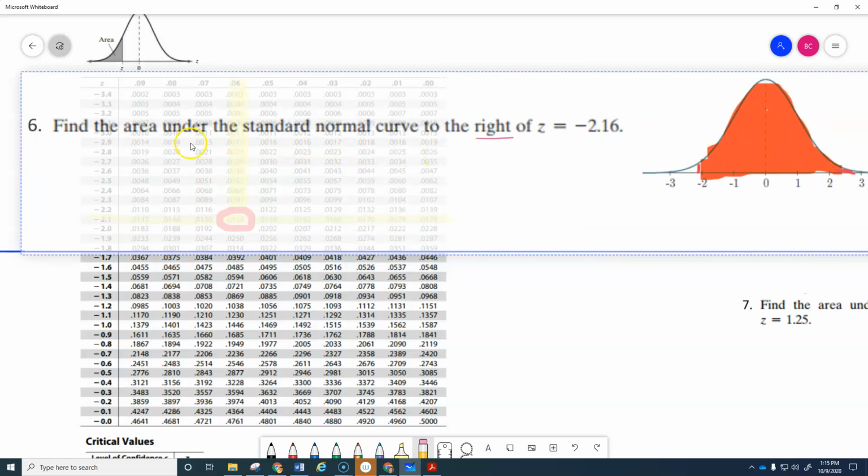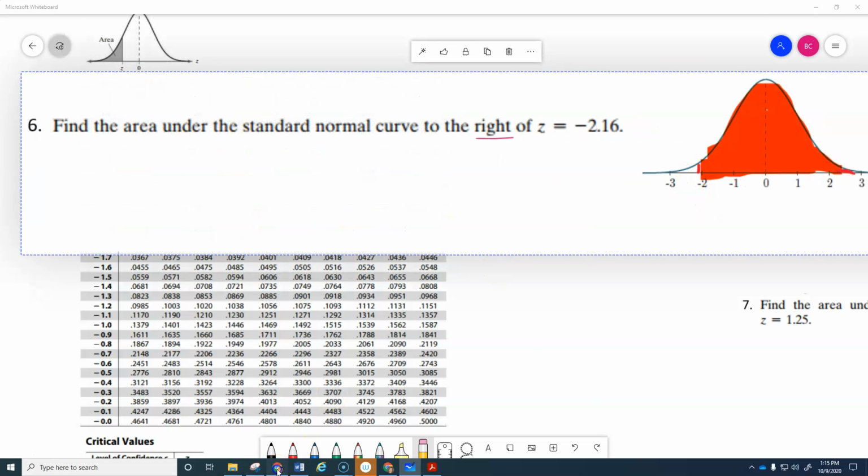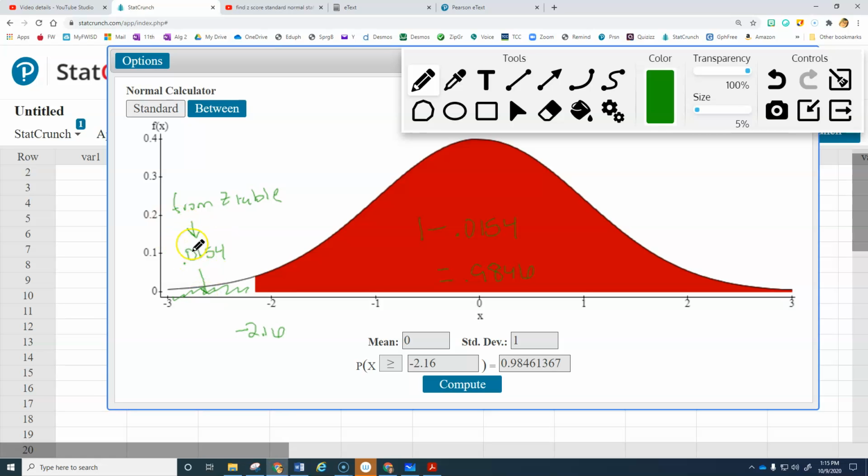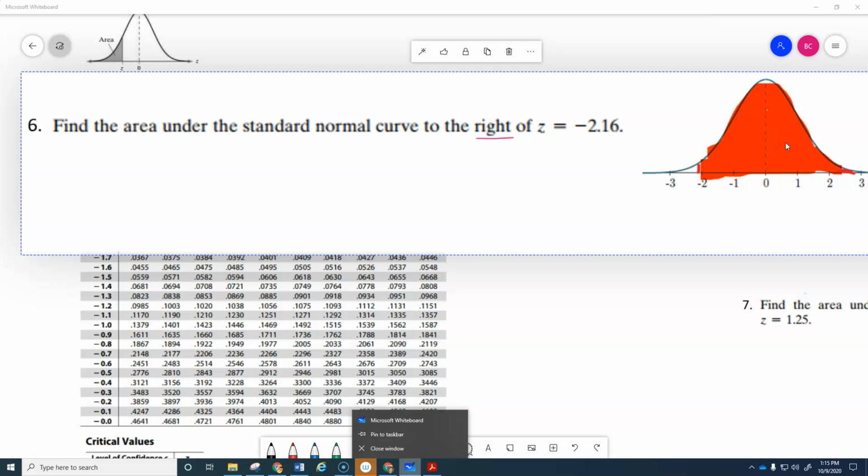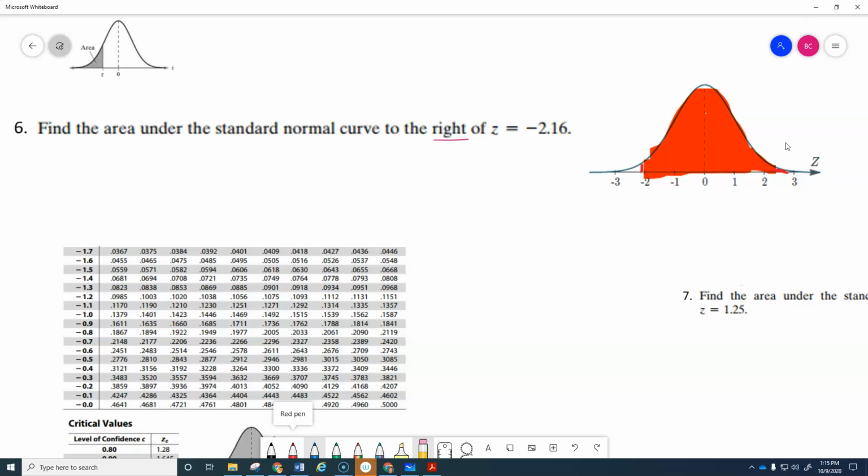0.0154 that I wrote in, where did I write it? Right here. 1.54. So this unshaded section right here is 0.0154, and that's not the answer that they want.